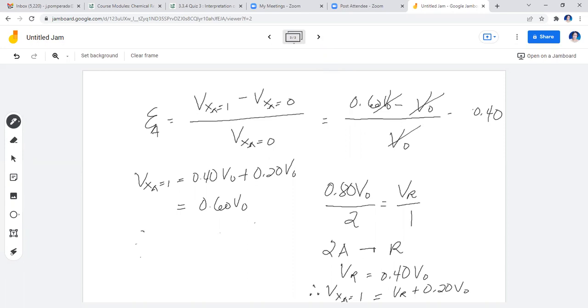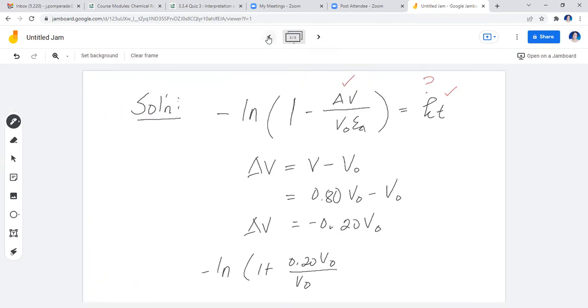So this is equal to negative 0.5. Okay? Go back to where we are. I have substituted already the negative in here, so that makes this minus sign here positive. My epsilon A is negative 0.4.